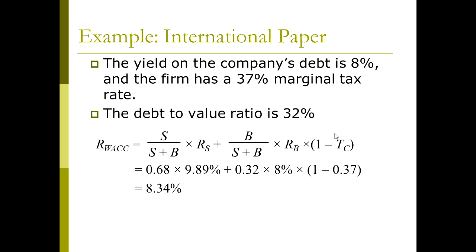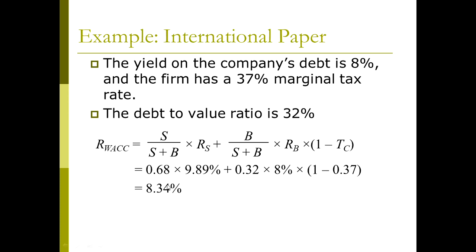Okay, plug in the numbers. So the debt to value ratio is 32%, meaning the equity ratio is 68%. Debt ratio, or the bond ratio, 32%. In the previous slides, we calculated the cost of equity is 9.89%. And on this page, the cost of debt is 8% times 1 minus 37% tax rate.